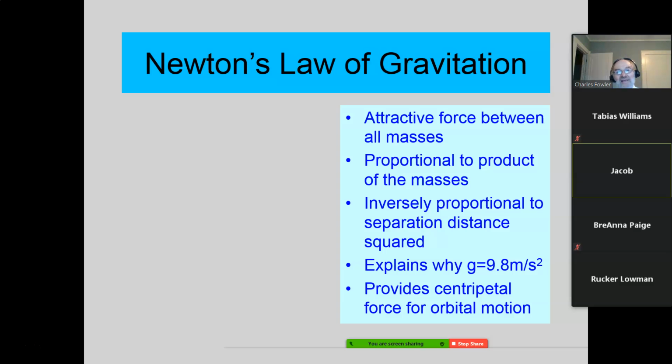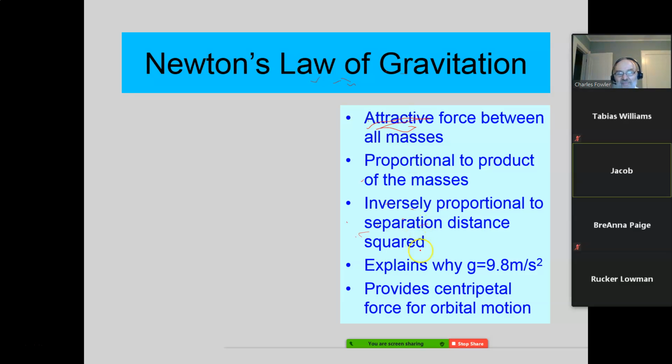Now supposedly he came up with the idea watching an apple fall from the tree. I don't think it hit him in his head, that's how they always show it, but he got to thinking about it that way. And in Newton's law of gravitation, gravity is always, always, always an attractive force.